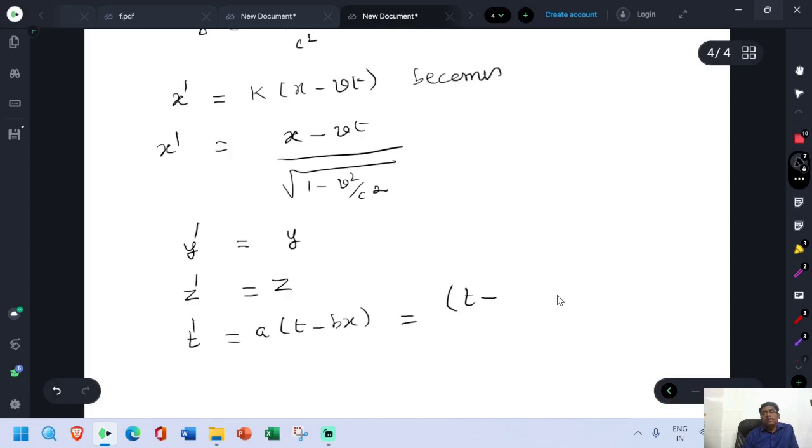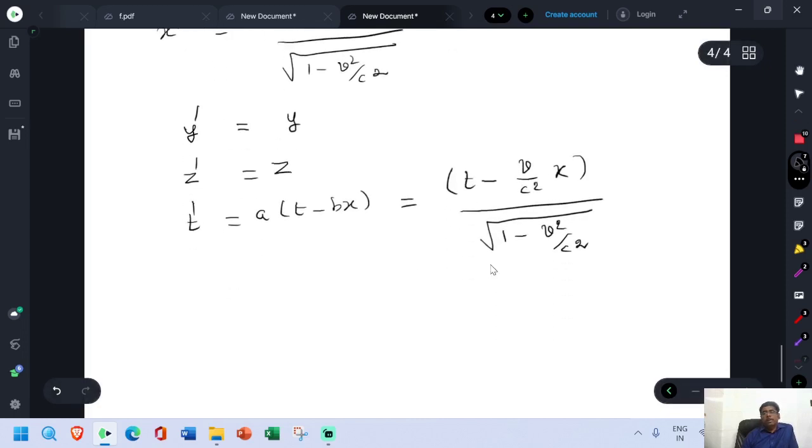The value of a is also 1 divided by root of 1 minus v square by c square. T minus b, that is v by c square into x, divided by root of 1 minus v square by c square. Then t dash equal to t minus v by c square x, whole divided by root of 1 minus v square by c square.